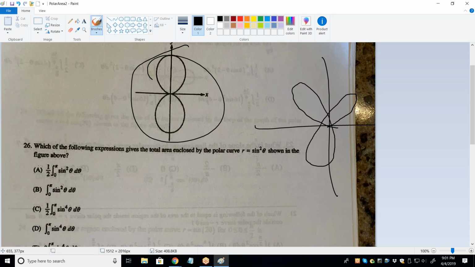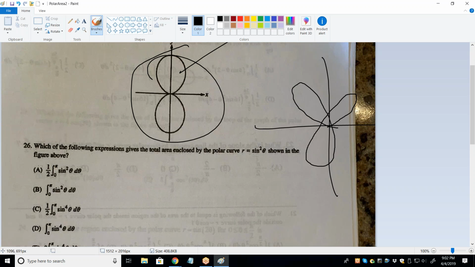You go from 0 to 2 pi, you trace it out twice. So to get this curve, you only have to go from 0 to pi, as with any petal. So if the rose has, say, 4 petals, would you still go 0 to pi?